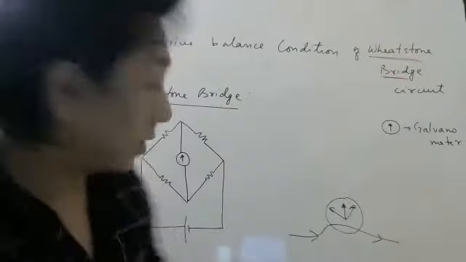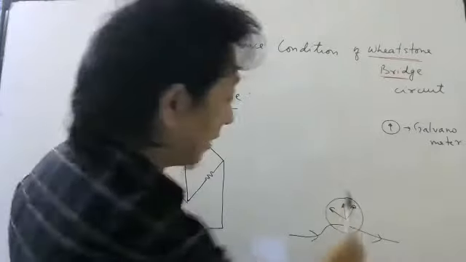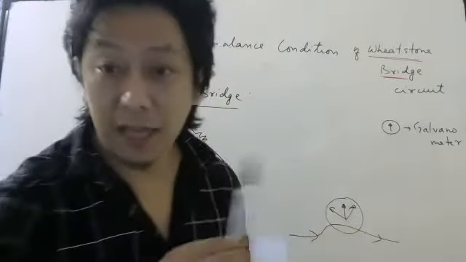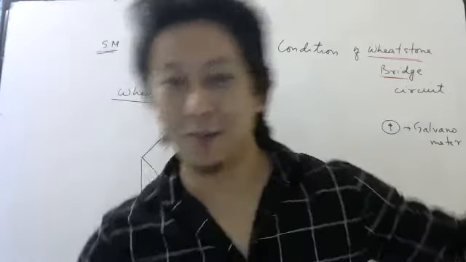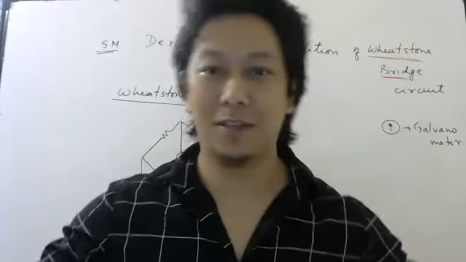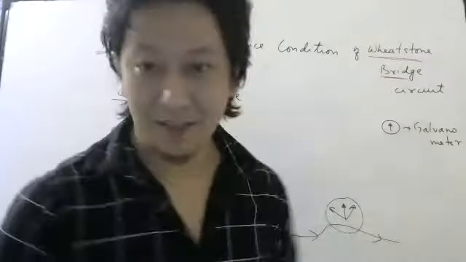And note one thing. If there is no current, then the galvanometer's needle will be in the center. That time it is called balanced. It is not going like this, like this. It is balanced in the middle. So maybe that's why it is called bridge. I will explain to you, don't worry.